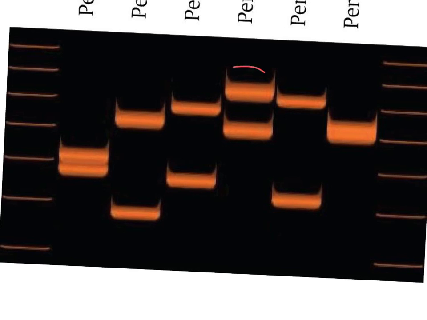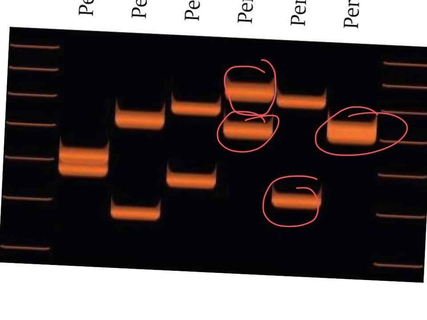This person has one from mom and one from dad. This person, they both have the same number. And if you have 13 different sections of repeats, there's a very small chance of different people having the same numbers.